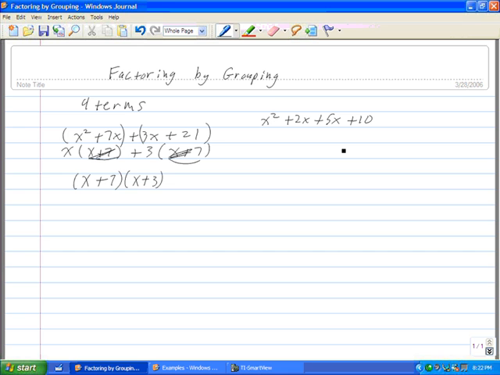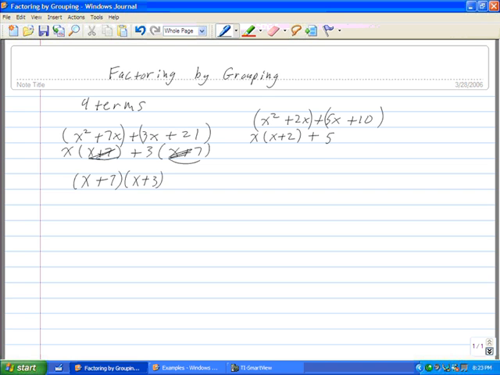Well, sometimes they both will work. Sometimes only one of them will work. So we'll just try what we've got. We'll put the first 2 together and the last 2 together. Out of the first 2, what comes out? Let's think about it. An x squared, a 2x. Yes, x comes out. Over here, a 5x, a 10.